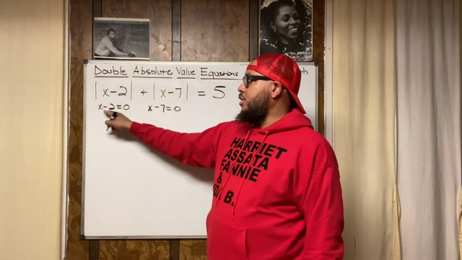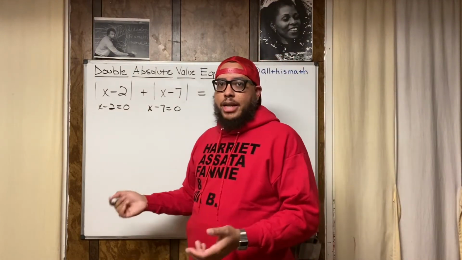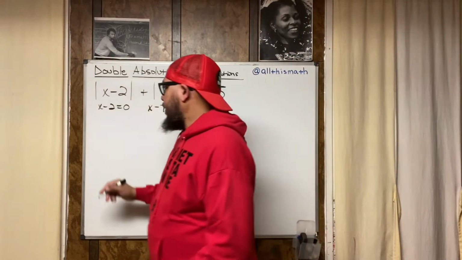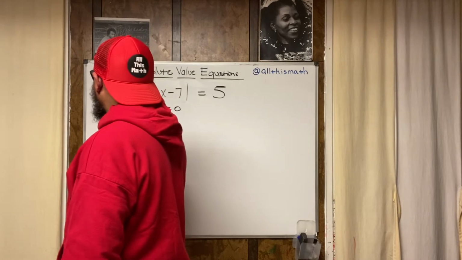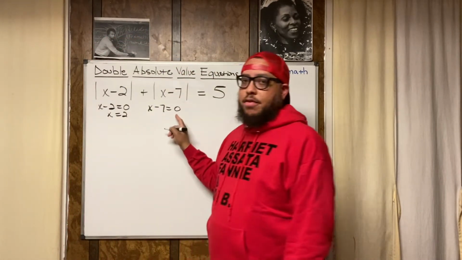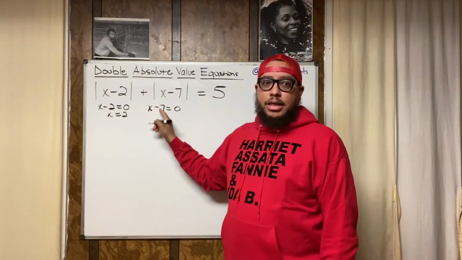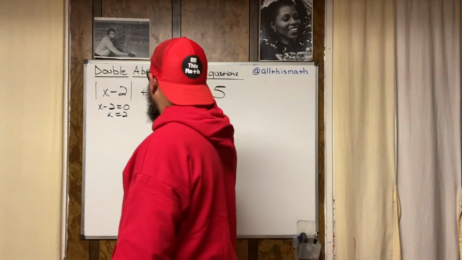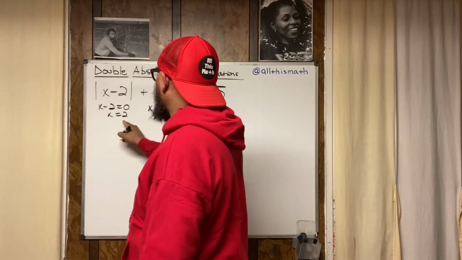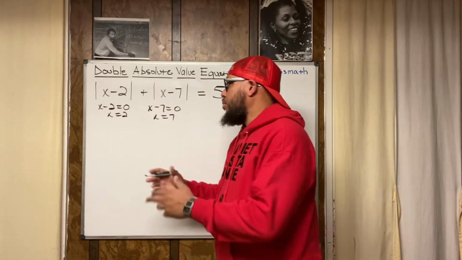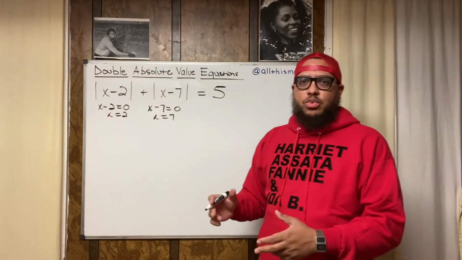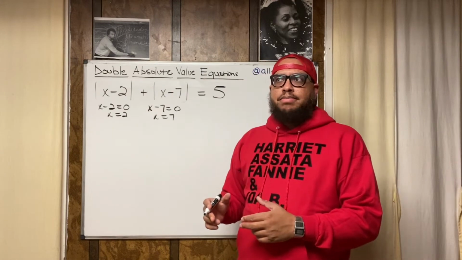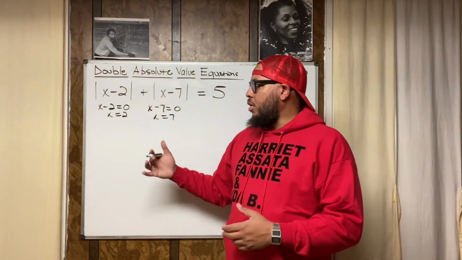If x minus 2 is equal to 0, then by adding 2 on both sides of the equation, x is equal to 2. And if x minus 7 is equal to 0, then by adding 7 on each side, x is equal to 7. So 2 and 7 are our two turning points. Basically that's where the expression gives you 0.